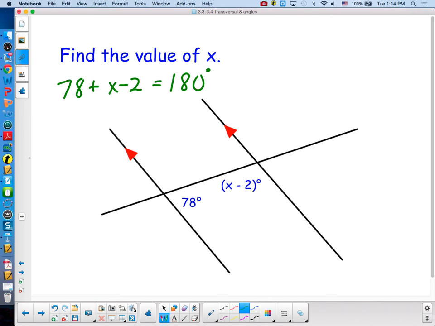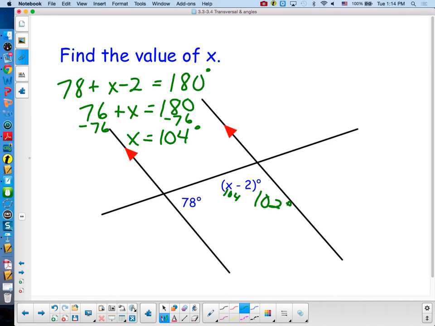Simplifying that, 78 minus 2, 76. And then subtract 76, 104. Because if this is 104, the angle would be 102 total. And if that angle's 102 and this one's 78, that makes the supplements.